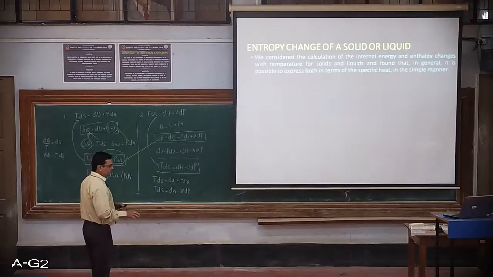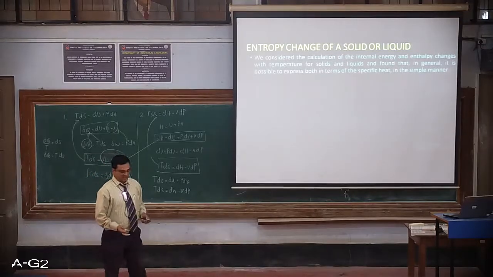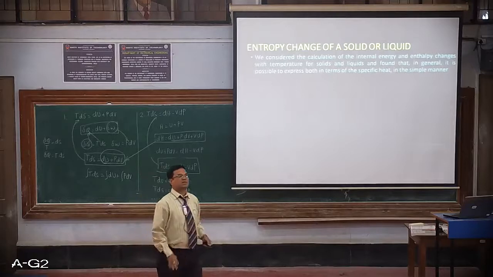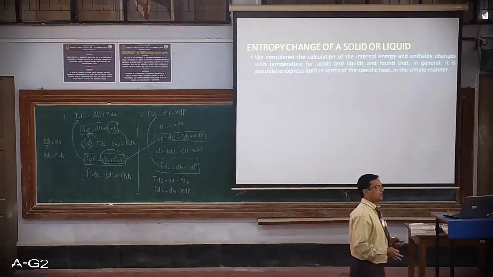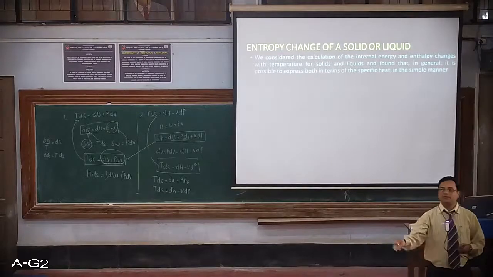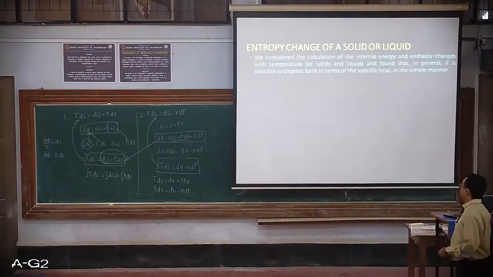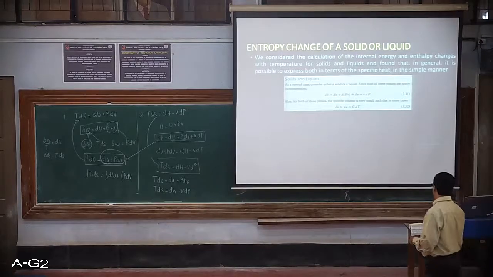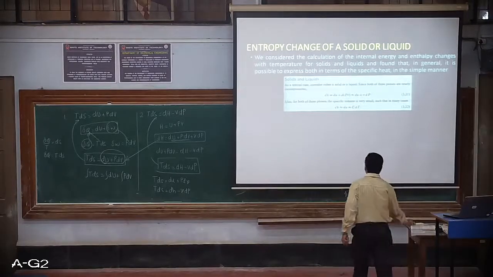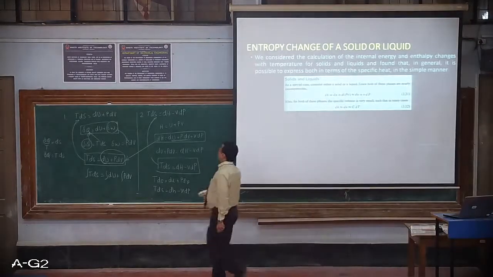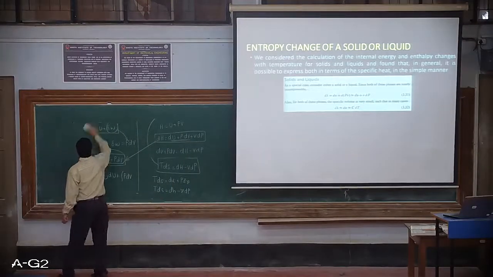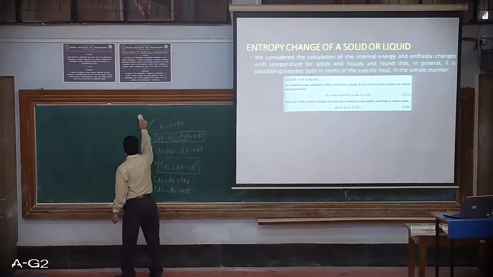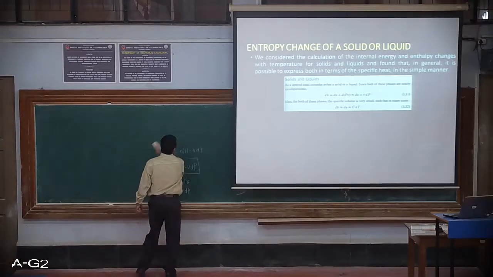In the previous discussion of specific heat, we took this as a special case, how specific heat is applicable to solids and liquids, and then finally we took it for gases also. So let me recall over here what we have written for solids and liquids: the specific heat is related to the equation given there.